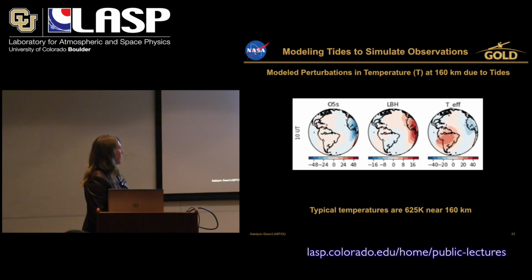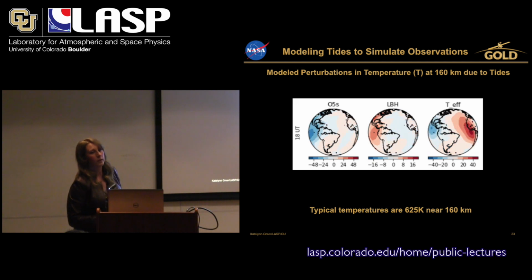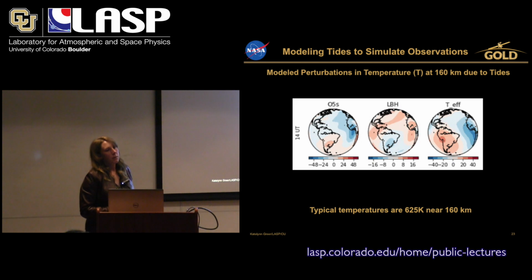So you can see in the temperature that we have a variability of almost 80 degrees Kelvin, which is quite a lot, but the typical temperatures near 160 kilometers are already 625 degrees Kelvin. So it's maybe not quite as big as it seems.